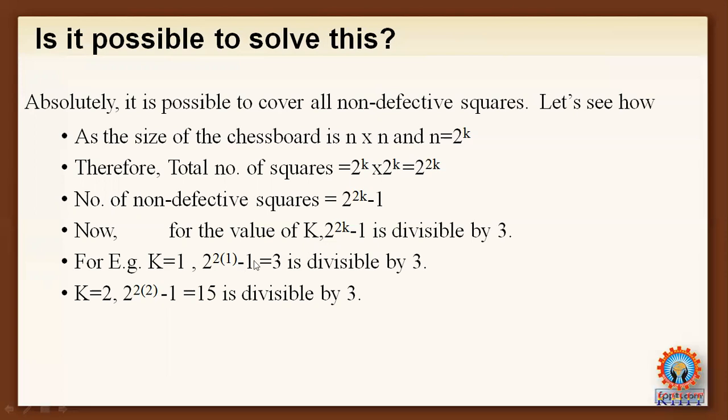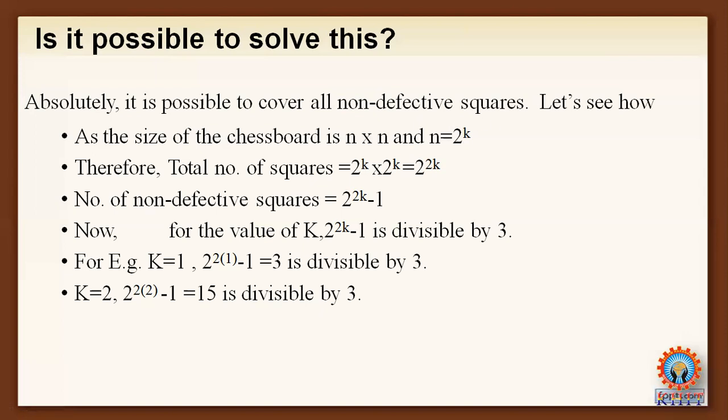Then 2 power 2k minus 1 is 2 power 2 minus 1, which is 4 minus 1, giving 3. 3 is divisible by 3. If you consider k equal to 2, the result is 15, which is also divisible by 3. Hence, we can say that absolutely it is possible to cover all non-defective squares in the given chessboard.